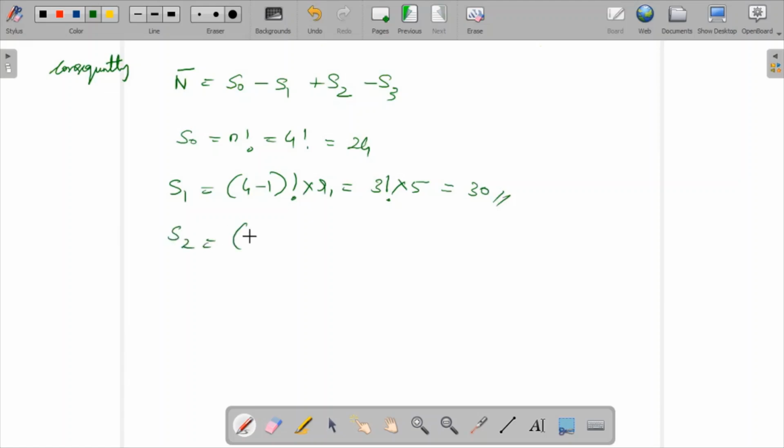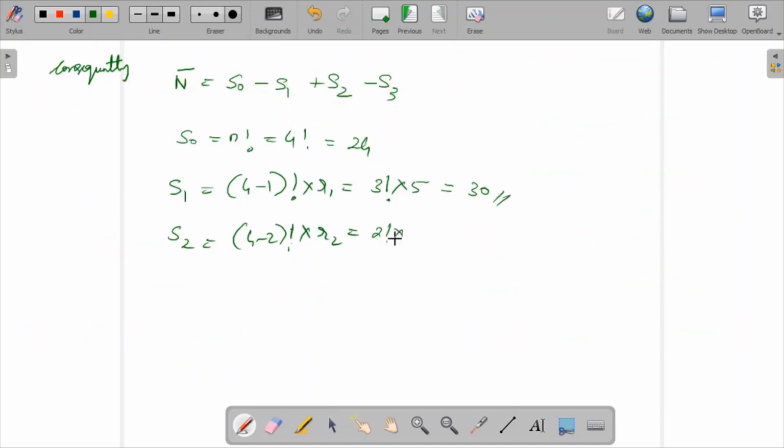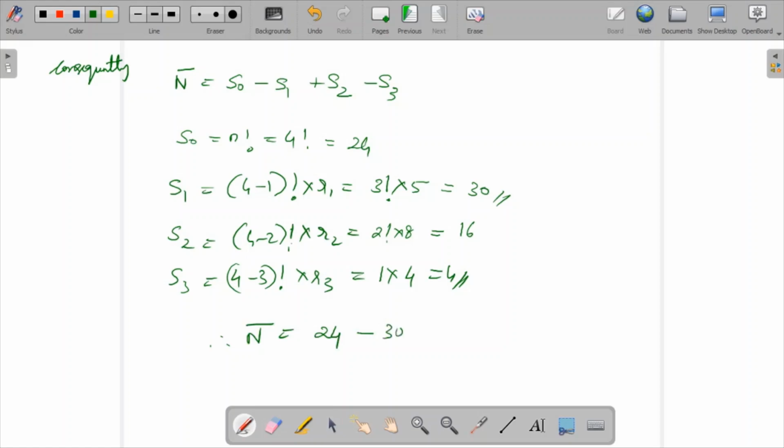S2 is 4 minus 2 factorial into R2 is 8, so 2 factorial into 8, which results in 16. S3 is 4 minus 3 factorial into R3 is 4, so it is 1 into 4, which results in 4. Therefore n bar is equal to S0, 24, minus S1, 30, plus 16 minus 4, which is equal to 6.